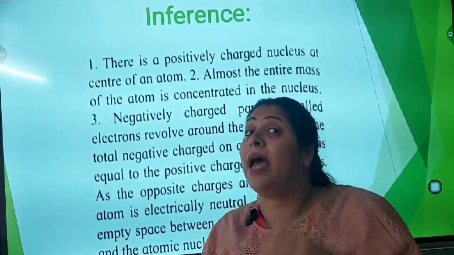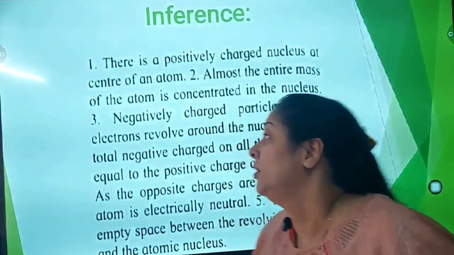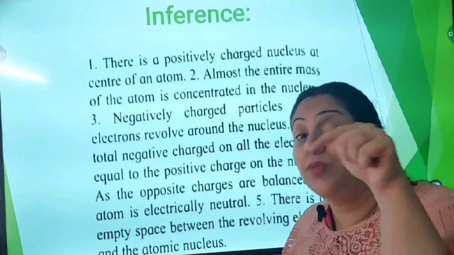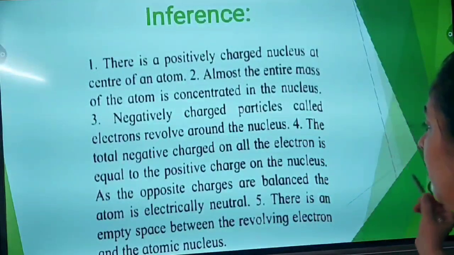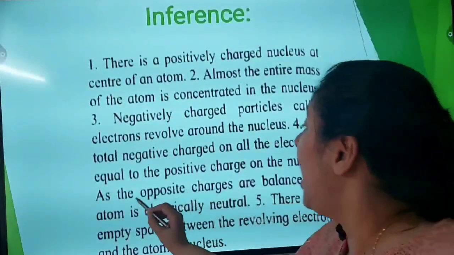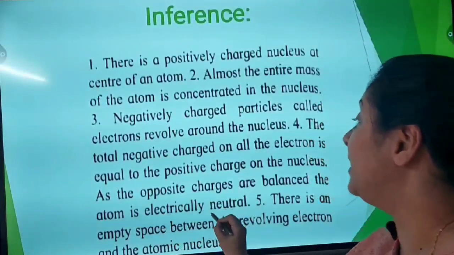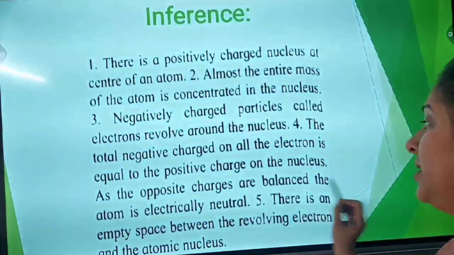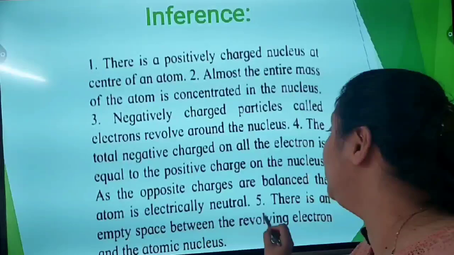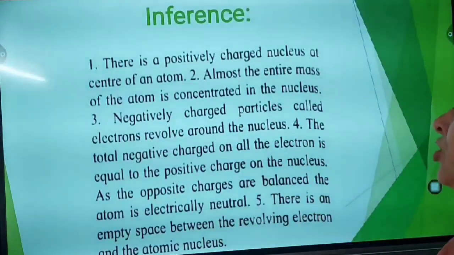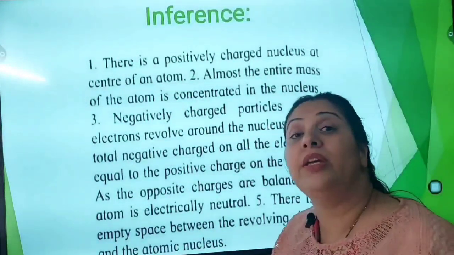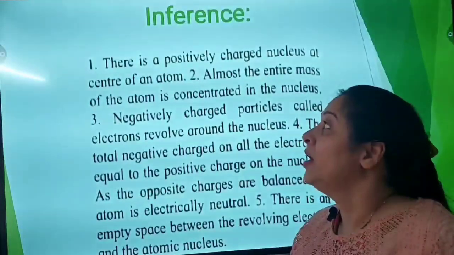And that's the reason why, remember, the atom is neutral. And that's the reason why atoms don't even react. As the opposite charges are balanced, the atom is electrically neutral. There is an empty space between the revolving electrons and the atomic nucleus.